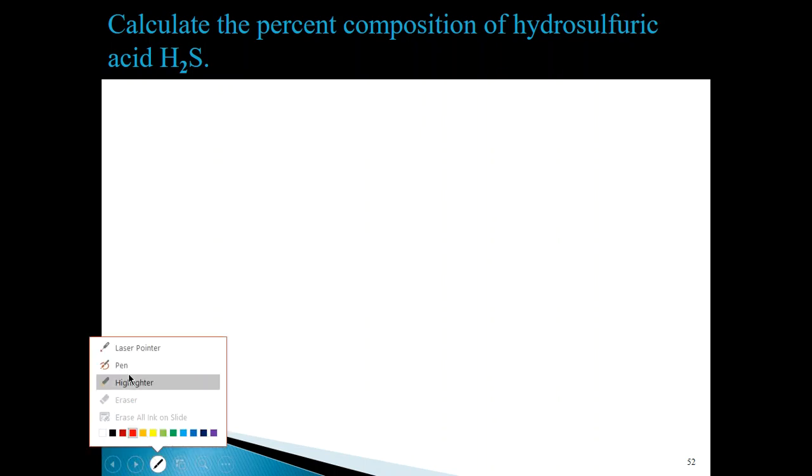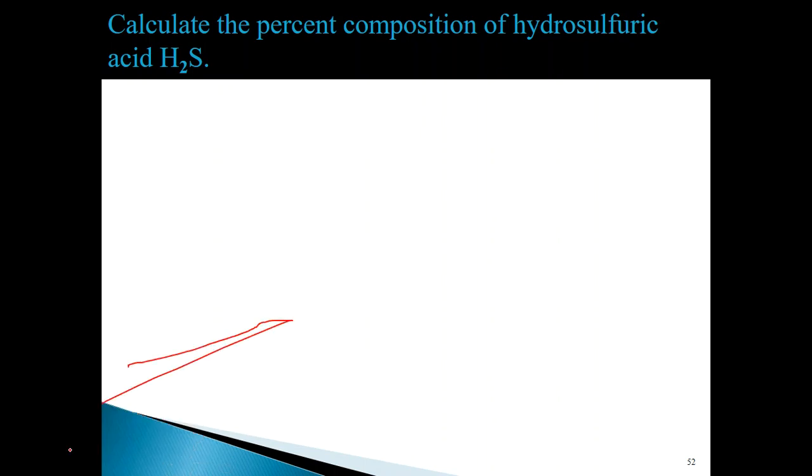So we can apply that, for example, to the case of hydrogen sulfide. The question here is asking for us to calculate the percent composition. So first thing we need to do is find the molar mass of H2S.